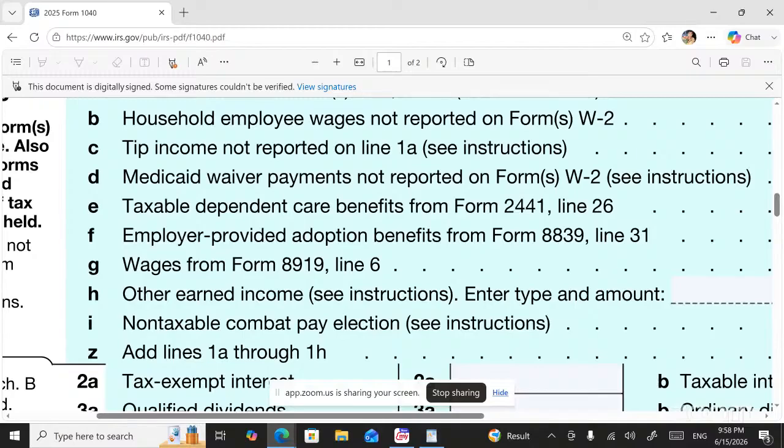Now coming to 1E, taxable dependent care benefits. It is purely a link between the employer and employee. Example, one mother is working in Reliance company, but that mother has a small kid. Because of this kid, she will not be in a position to work in the organization properly.